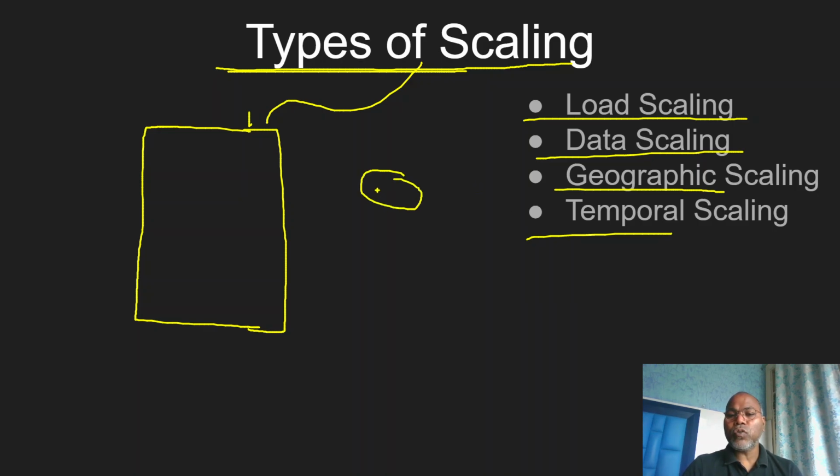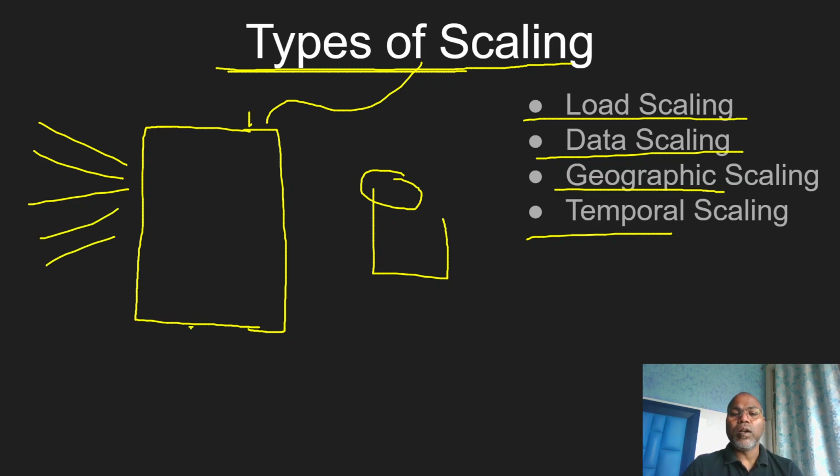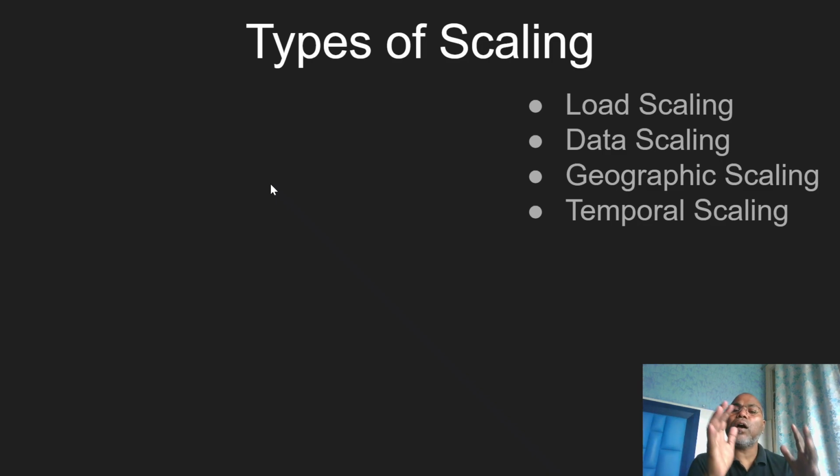Sometimes you want to scale your database or data set, somewhere your incoming request load, and somewhere your geographical reach for different locations. So based on the nature of the system, you visualize which parts, whether data or user traffic, are going to increase, and accordingly you apply a scaling algorithm.